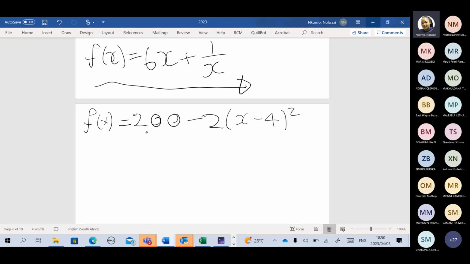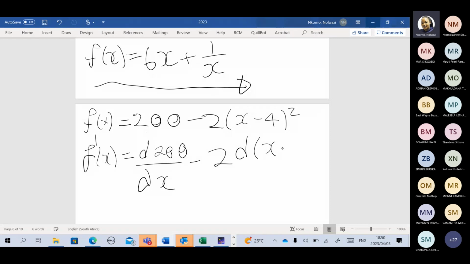Since this is the sum of two terms, the derivative of f of x is equal to the derivative of 200 with respect to x minus 2 times the derivative of x minus 4 all squared with respect to x, right?